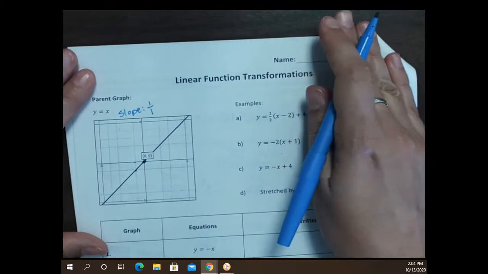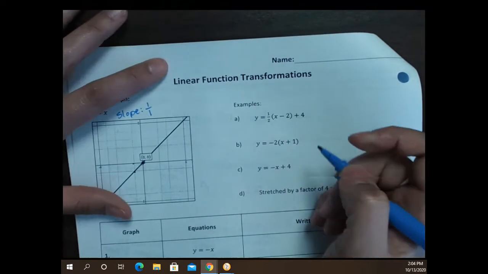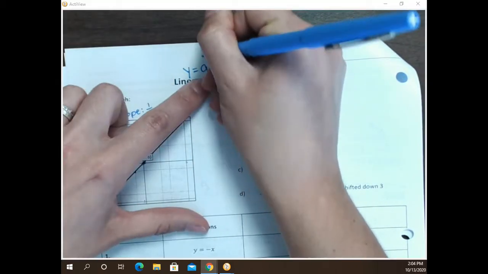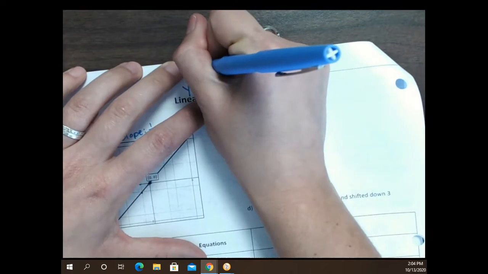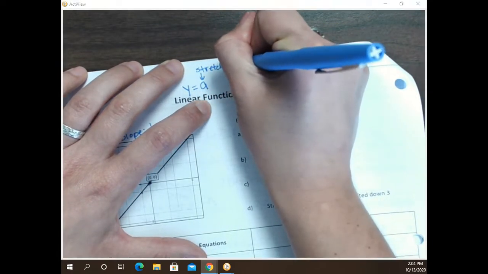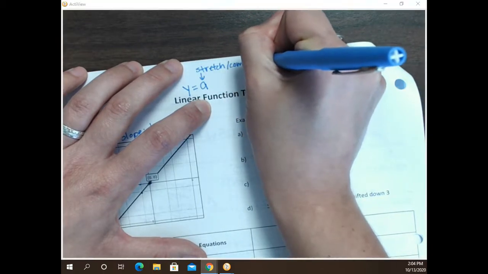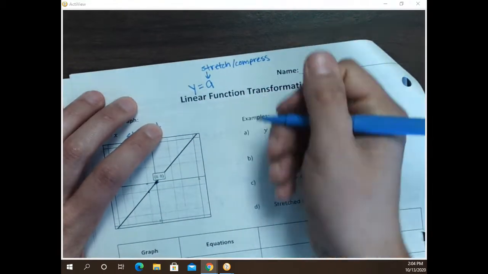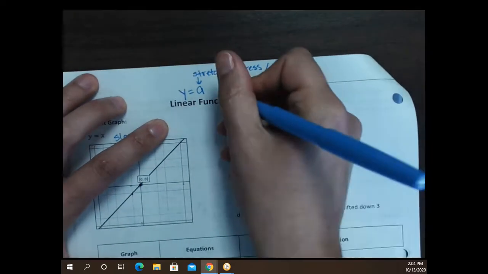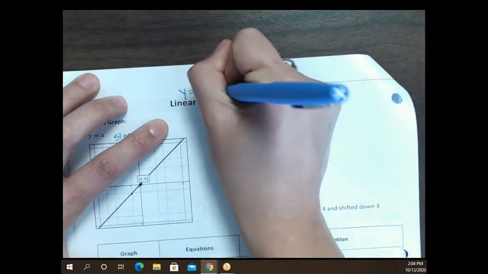So let's take a look at our first example here. So remember, for our functions, any changes we make here will stretch or compress. If it's negative, that will flip. So any of those changes we will see with our number in front of x.